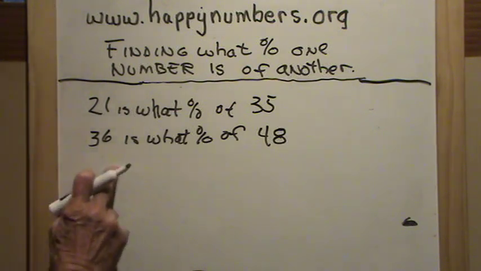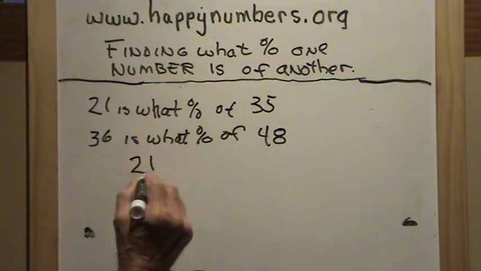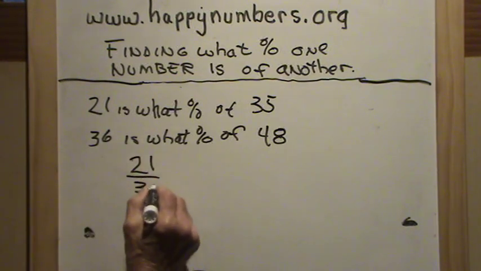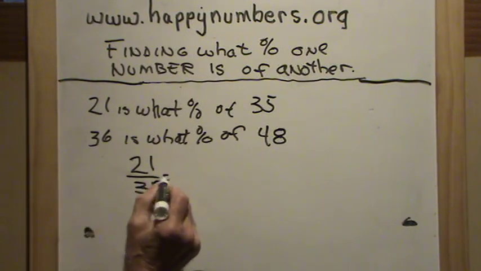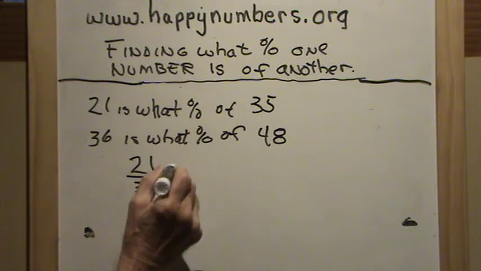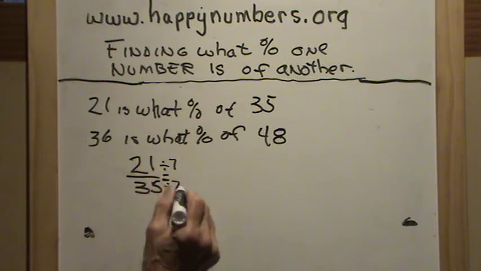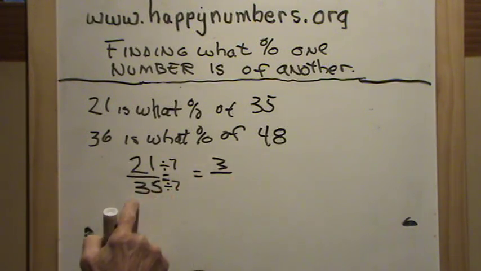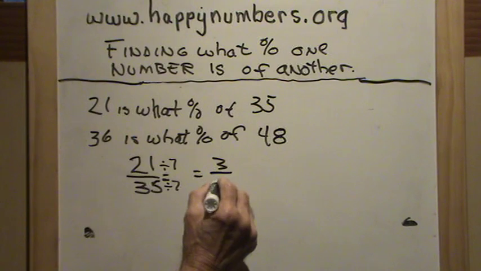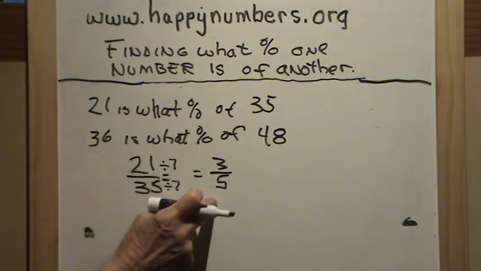Okay, let's take the first one. 21 is what percent of 35? Well, we put 21 over 35, and we're going to reduce this, and we know we can use 7. So we'll divide by 7 and divide by 7. 7 goes into 21 3 times. 7 goes into 35 5 times. Now I have to change the fraction to the percent.